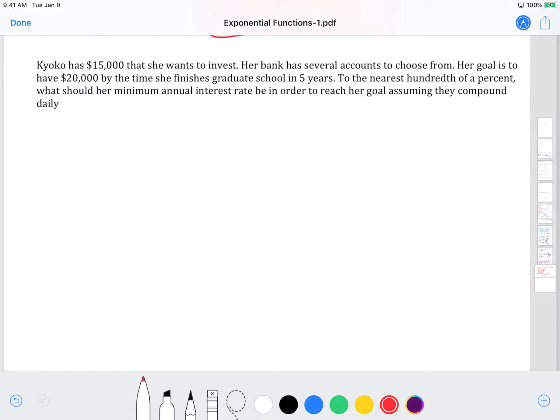So here's our original formula that we're going to use. Because it doesn't say it's compounded continuously, we're going to use this formula here. And we're trying to solve for R, because it's asking us to solve for the interest rate. So the $15,000 is what she wants to invest.